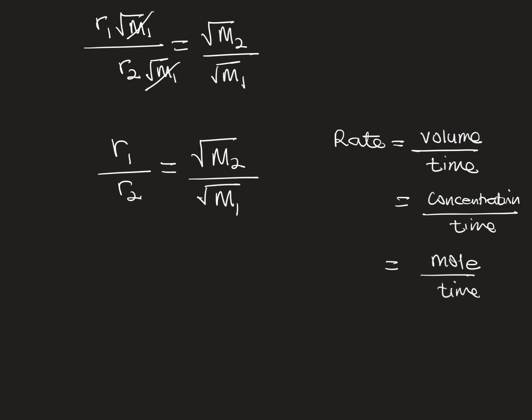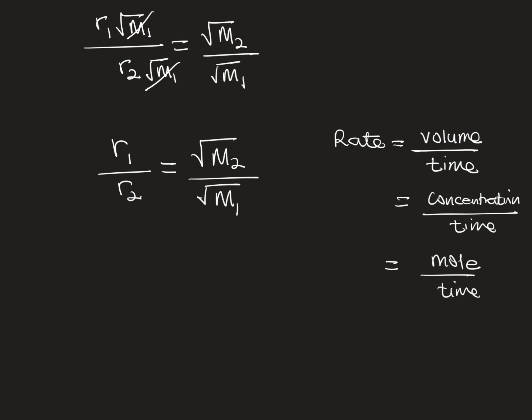So if we consider this equation, it means that the rate of diffusion of gas 1 with respect to gas 2 is given by this expression. So whatever value we have from this, it means that gas 1 is that many times faster than gas 2.